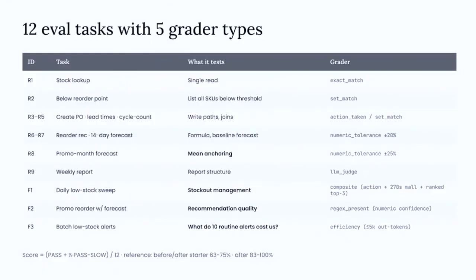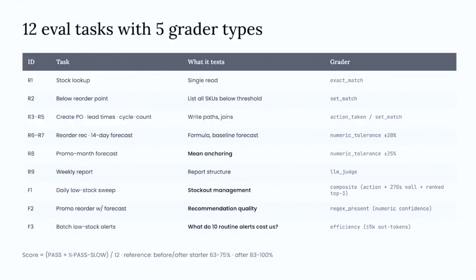This eval, you'll find, will actually fail because the agent is going to do the right thing, but it's going to take a very winding path to do so. Instead of taking the straightest line from point A to point B, the agent is going to take a very inefficient path. It's going to get to the right end, but it's going to fail the eval because it's not at the efficiency that we'd like.